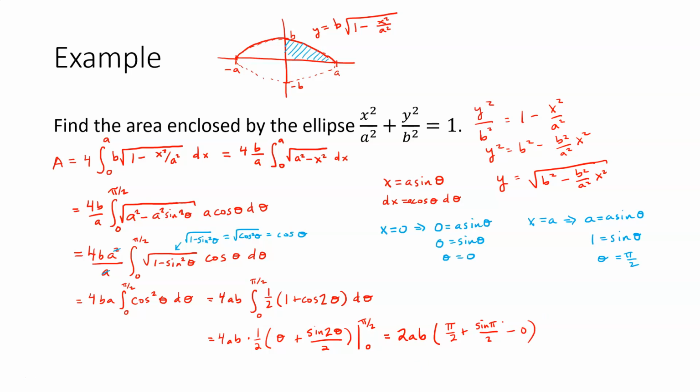And we also notice that sine of pi is equal to 0, so this term is 0. So in the end, we're just left with 2ab times pi over 2, which will be pi ab. So the area inside the whole ellipse will be pi times ab.